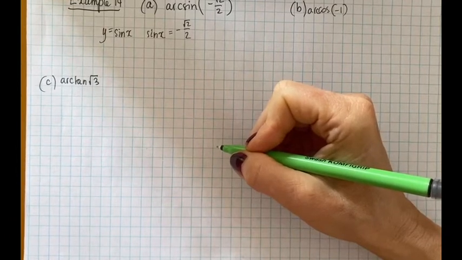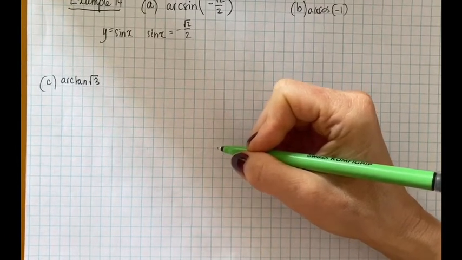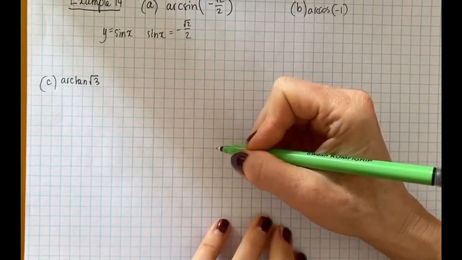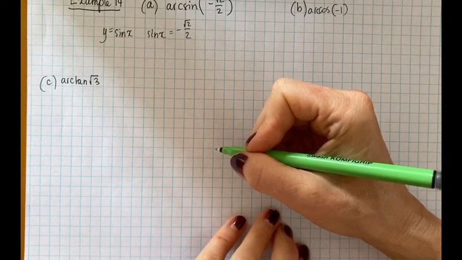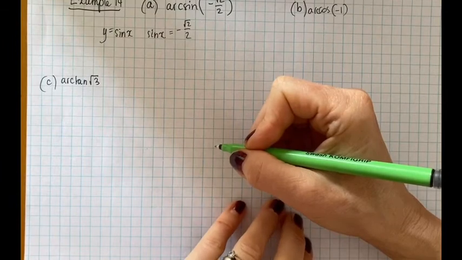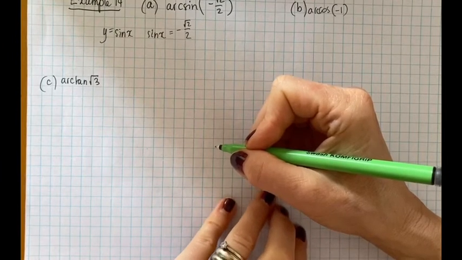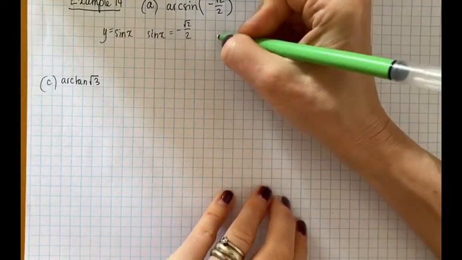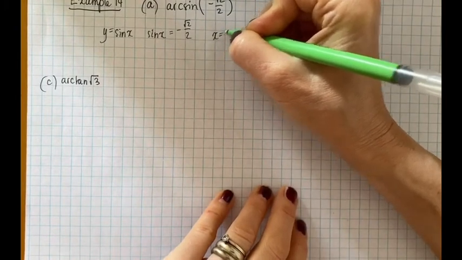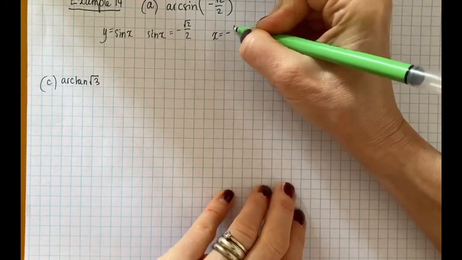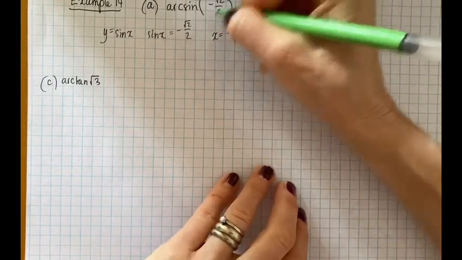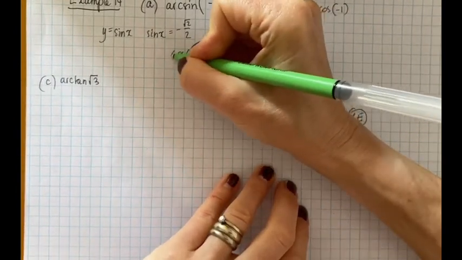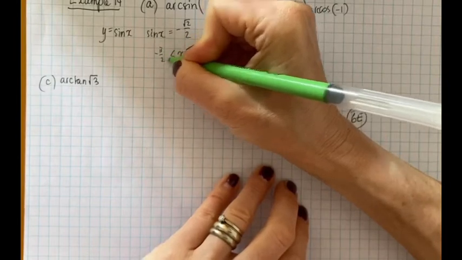So for what value of x do you get minus root 2 over 2? You know that x in this particular instance is restricted between minus pi over 2 and pi over 2 for arcsin. So x is equal to minus pi over 4. Because remember, your x is between minus pi over 2 and pi over 2.